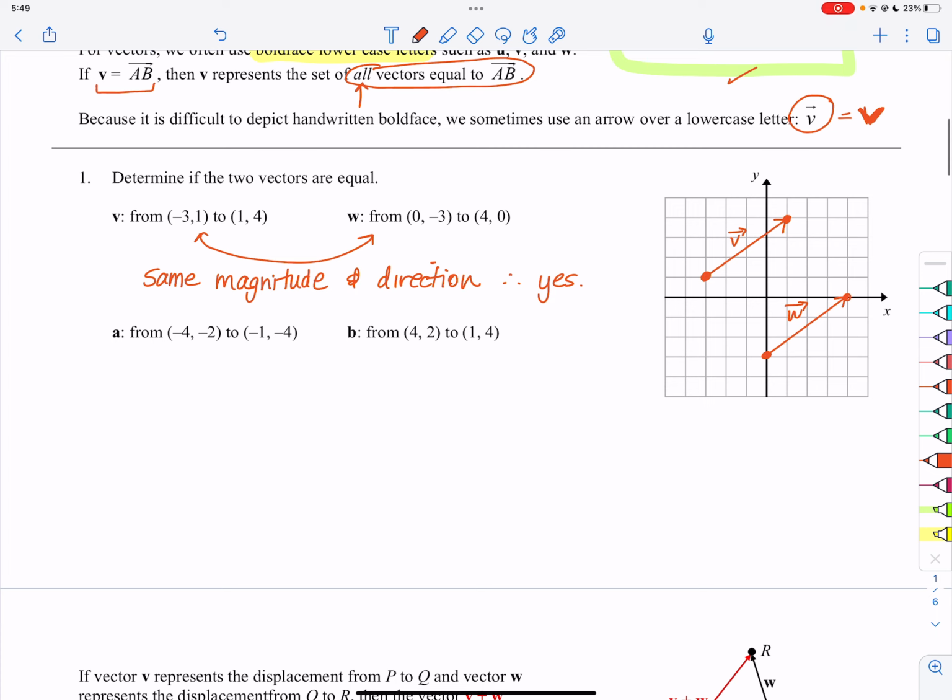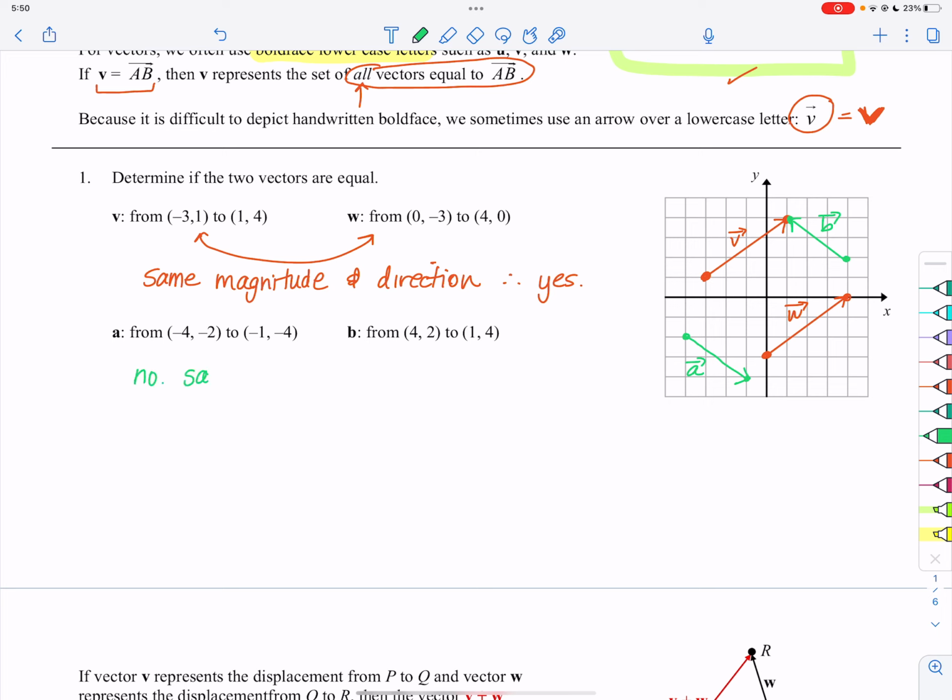Looking at the next example, vector A, let's take a look at that, from -4, -2 to -1, -4. So there is vector A. Vector B from 4, 2 to 1, 4. And as you can see, these vectors are not the same.